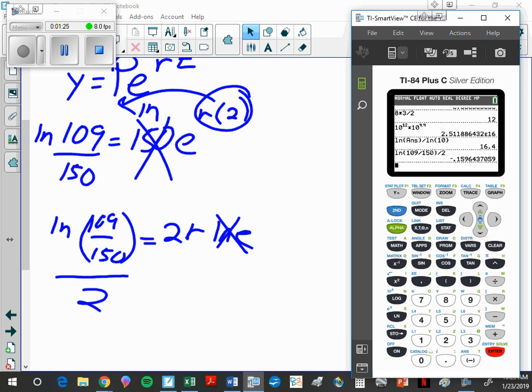Does that number make sense? Why does that number make sense? How did I know it was going to be negative? Well, it says we are looking for the decay constant.